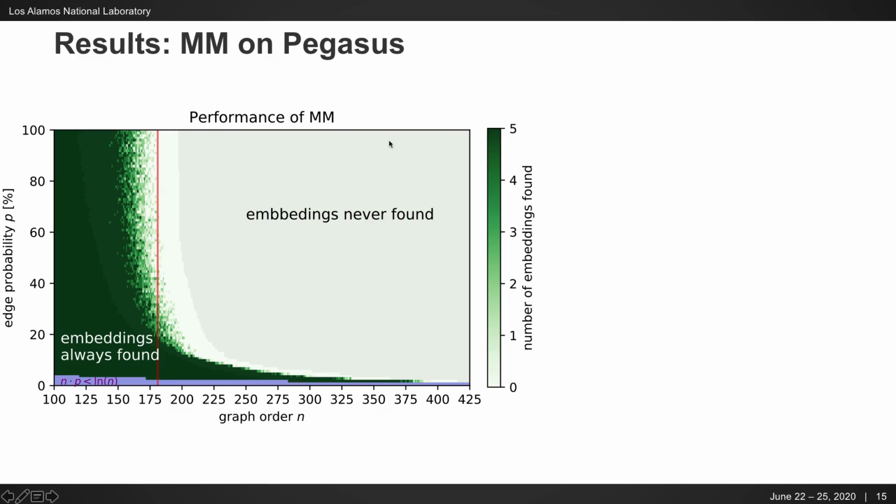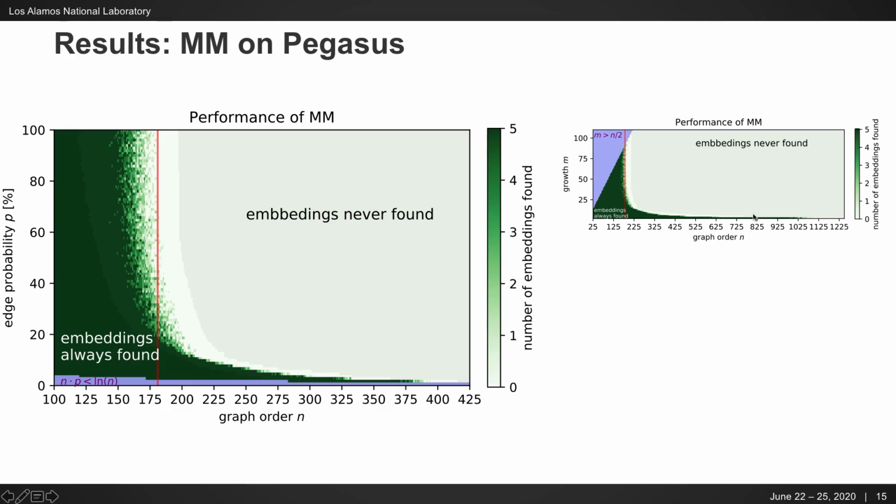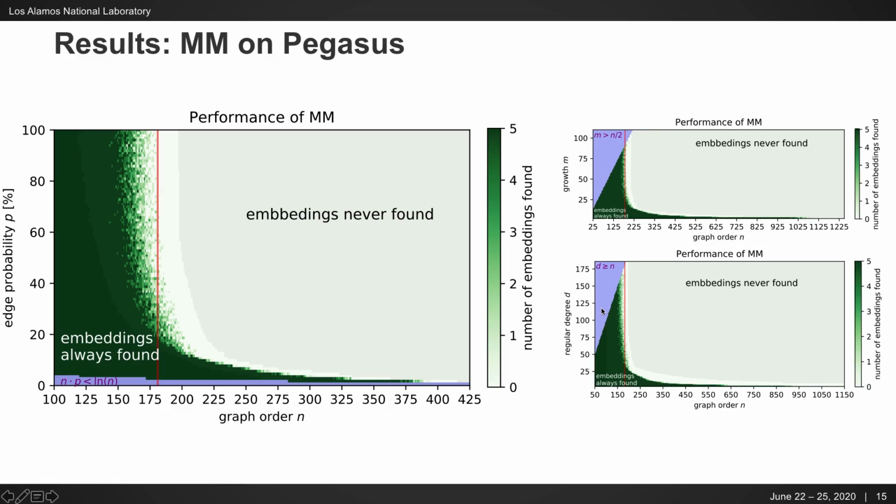The same we also want to do for Barabási-Albert graphs, where we have increasing edge density on the y-axis with increasing growth parameter m, and the same for regular degree D graphs, where on the y-axis we have the degree D. So now let's go to clique-based MinorMiner and see what changes.